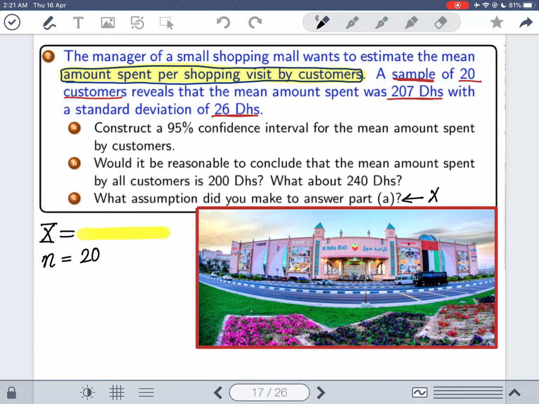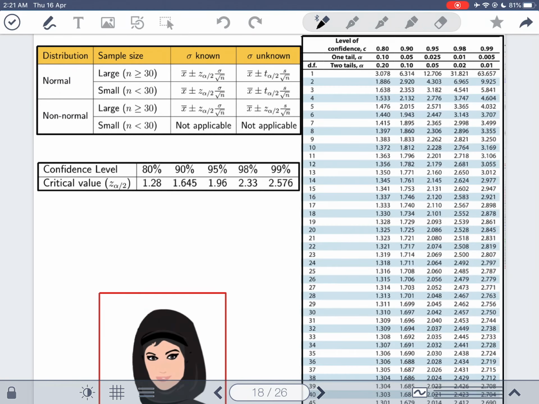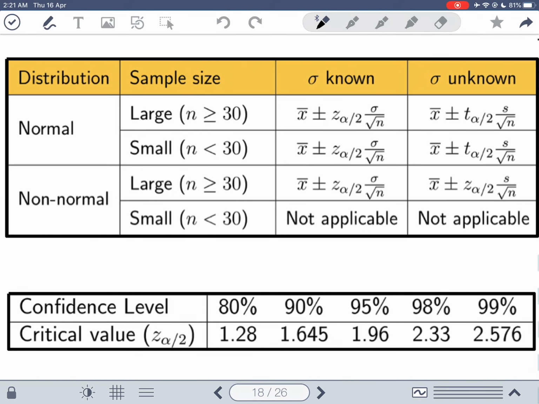I made that x follows a normal distribution. We need to assume it in order to be able to solve. Notice that when you have a non-normal population and the sample size is small, you cannot do anything. Because our sample is small, we must have a normal distribution. Otherwise, we cannot solve it.